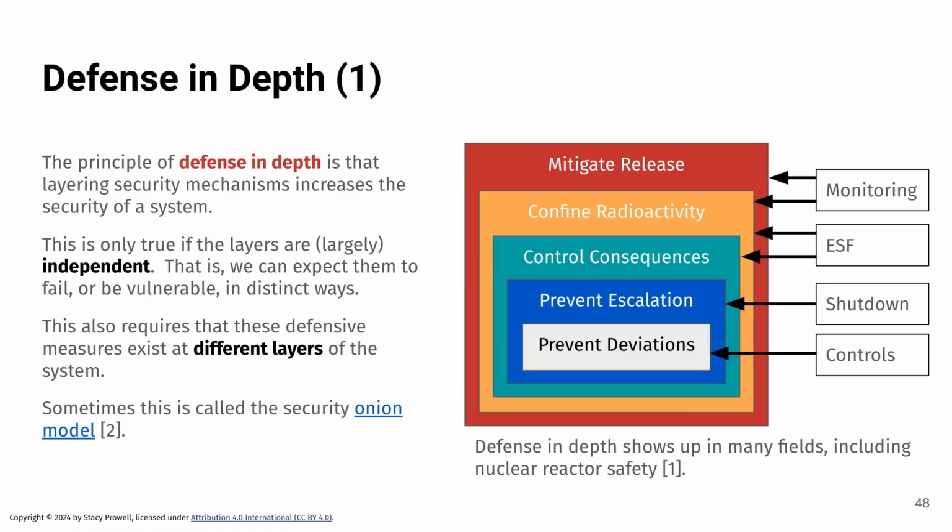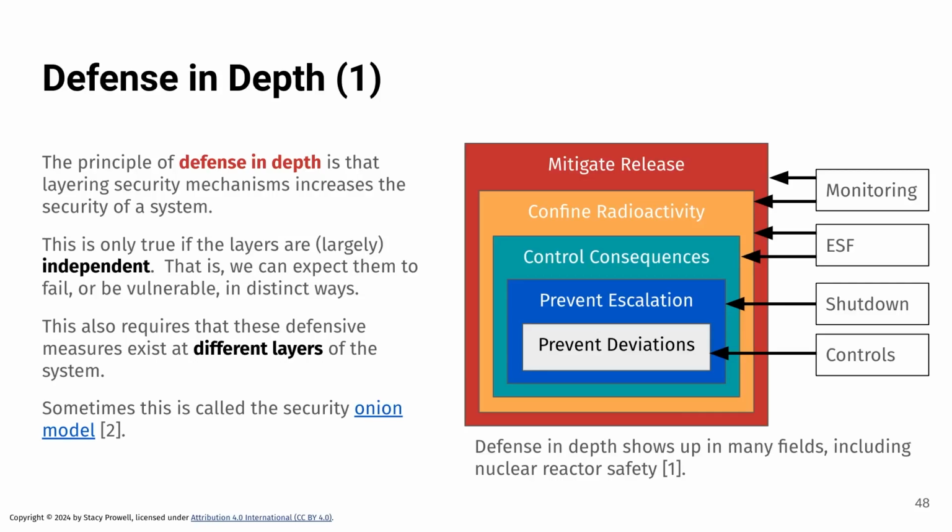So the layers need to be independent so that they fail independently or have to be exploited independently. And they also need to be at different layers. If you have 20 defenses at the perimeter, you don't have defense in depth. You just have a lot of defenses at that one layer. And when they get through that layer, too late. So you have to distribute these at different layers.